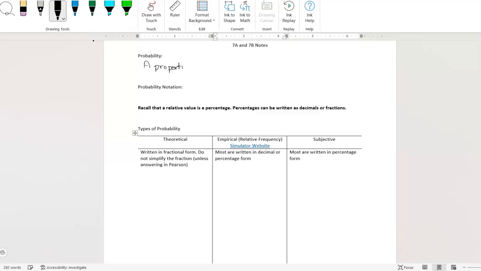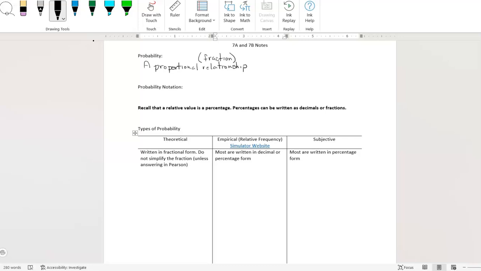And so first, the definition of probability is it's a proportion. It's a proportional relationship between, and a proportion is a fraction. Okay, so all of our probabilities are a fraction.